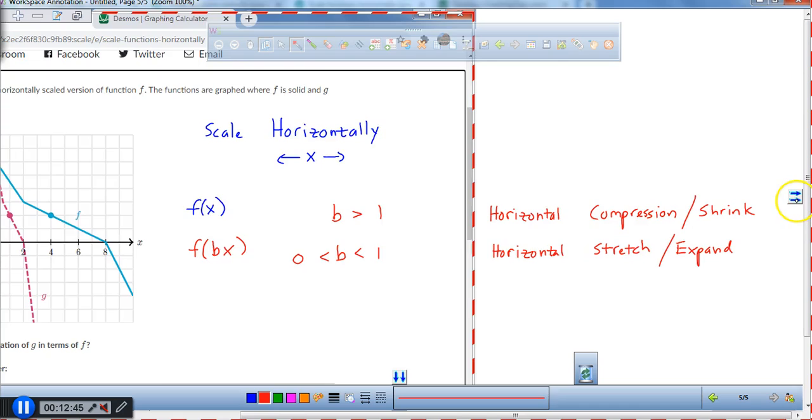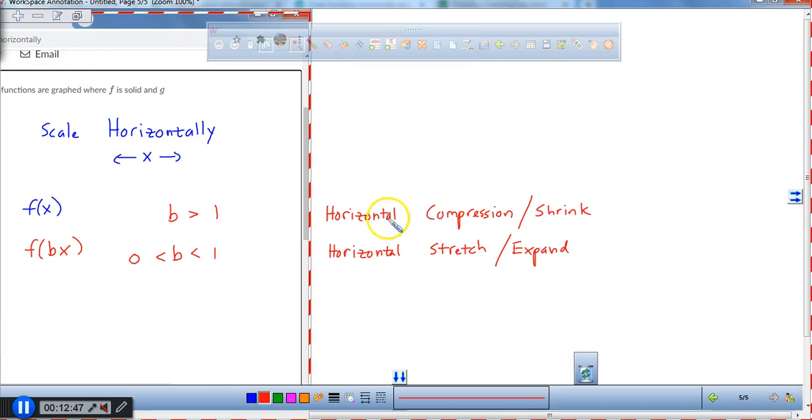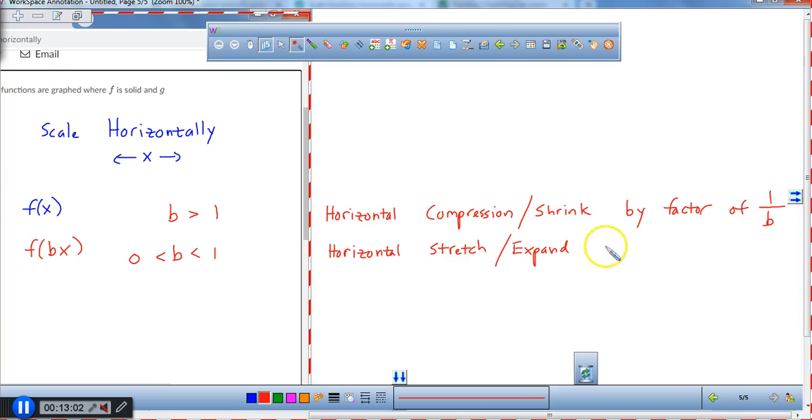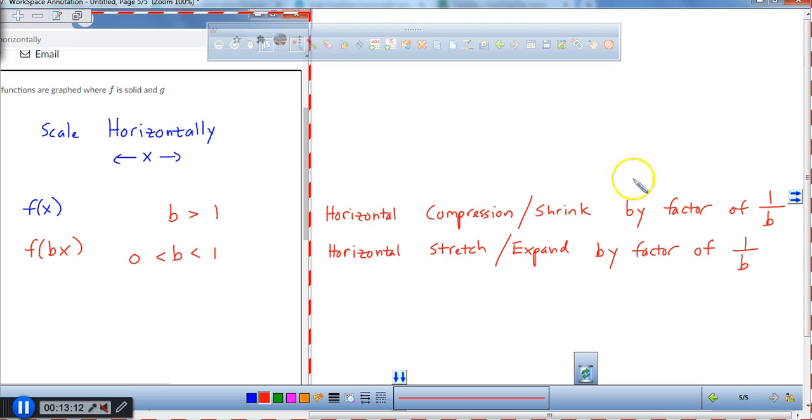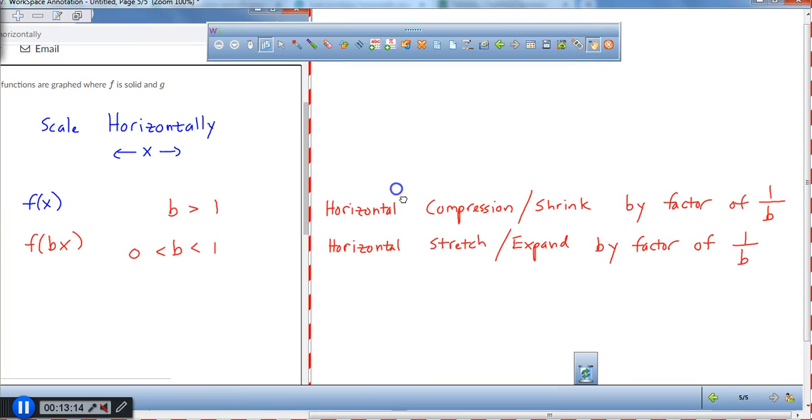Now, here's the tricky thing, though. It's actually going to be a horizontal compression by a factor of 1 over b. It's actually not a factor of b, it's 1 over b. And a horizontal stretch is going to be by a factor of 1 over b. So what does that mean for us? We're going to talk about what that means.